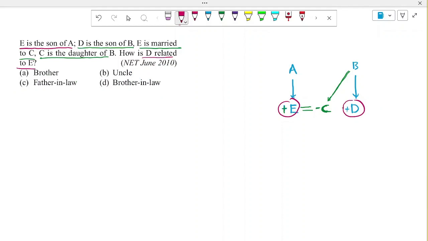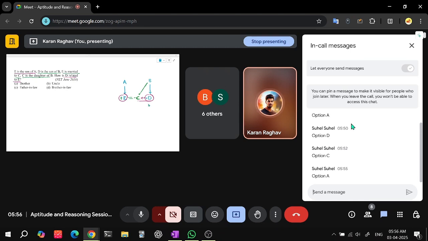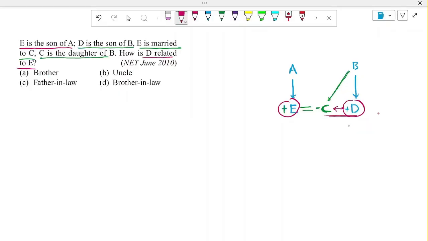They are brother and sister if you observe carefully. Then what is the relationship between E and D? They are from different families.